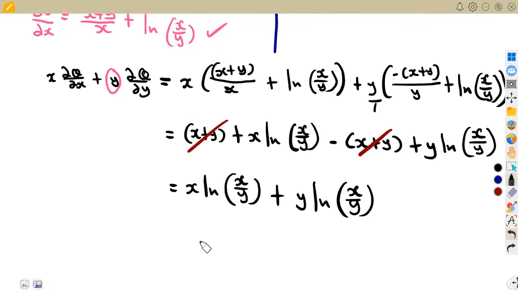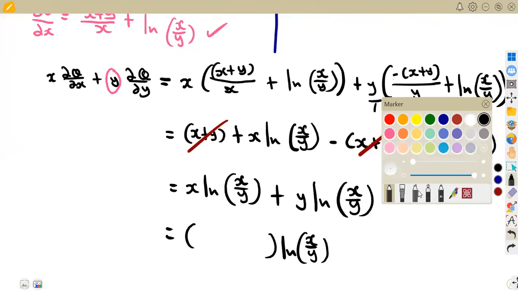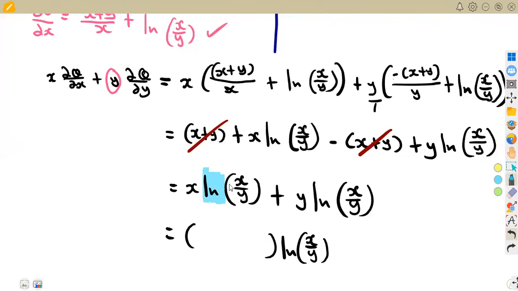And if we factor out ln of x over y like this, what are we going to remain with? Because this is the common term that we see, the same as the ln of x plus y that we see here.